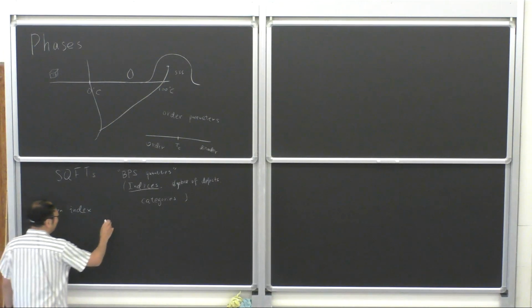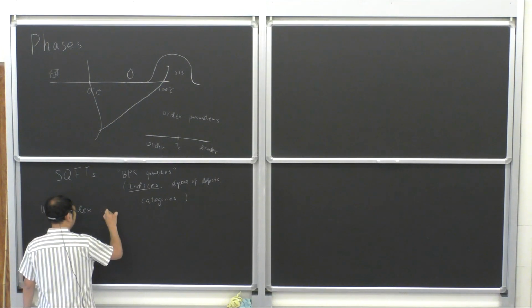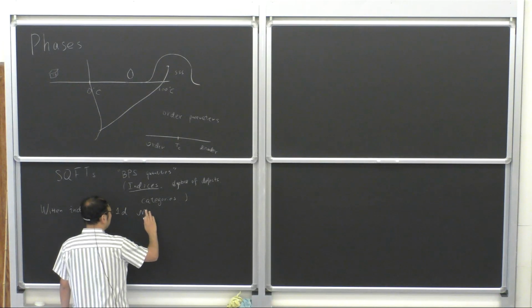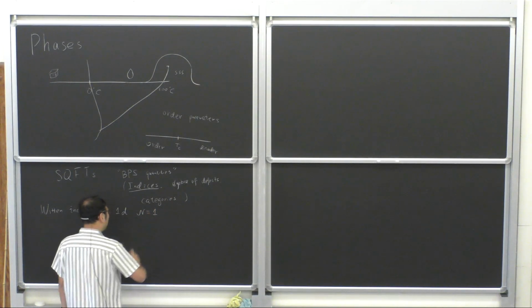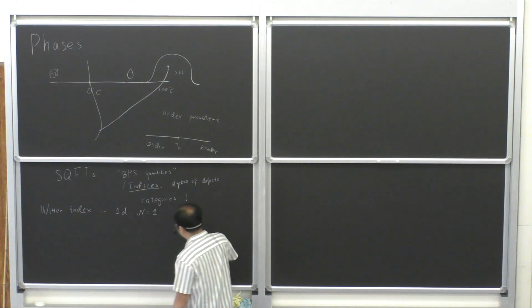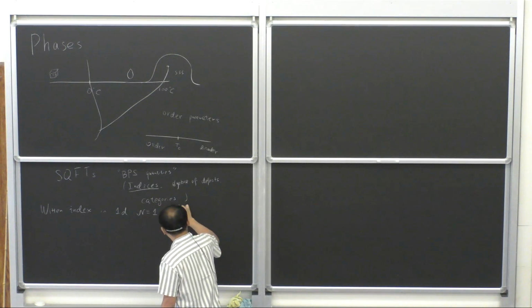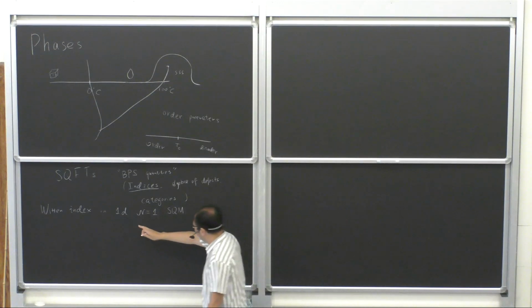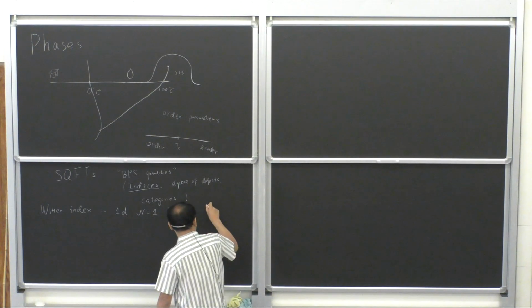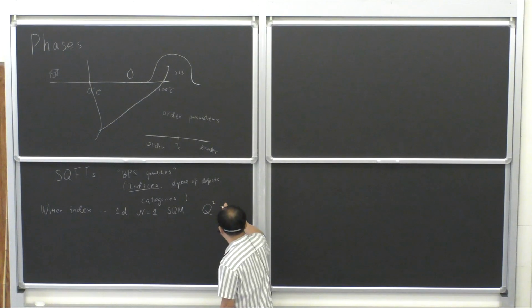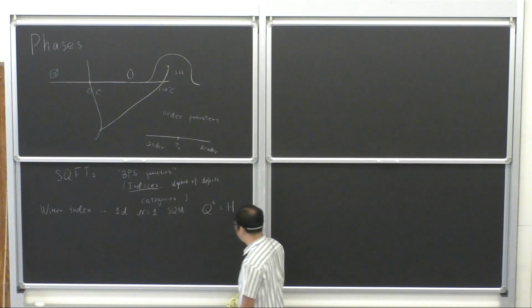This is the Witten index in 1D supersymmetric quantum mechanics, and it can be defined even with a single supercharge. For this theory, there is a supercharge Q, and it has the property that Q squared equals the Hamiltonian H.